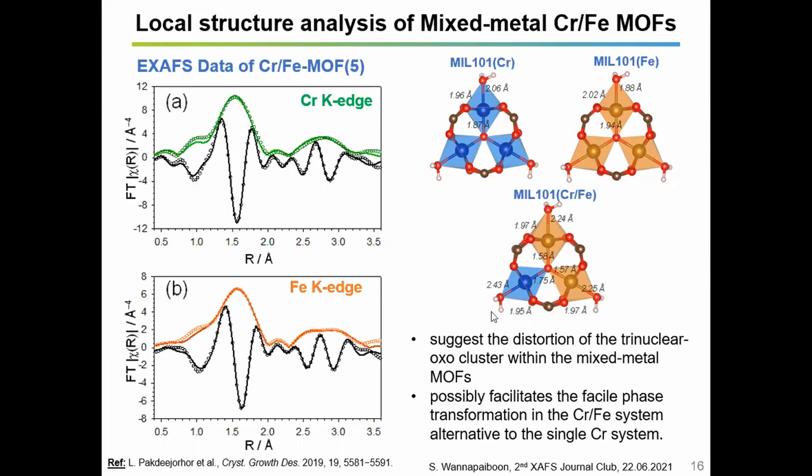But the different thing is just the reaction time. So meaning that this kind of distortion of the crystal structures can induce the change of one polymorph, this kinetic product, in this case MIL-101, into another more thermodynamically stable polymorph, so-called MIL-53 in this case.